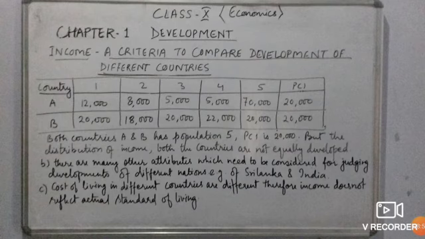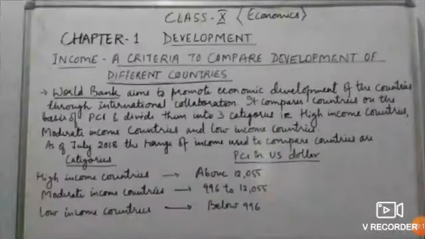So the cost of living in different countries is not the same. So these are certain limitations of per capita income or the average method of judging the development of different nations.